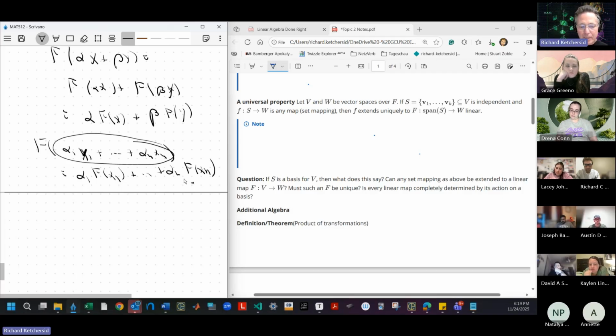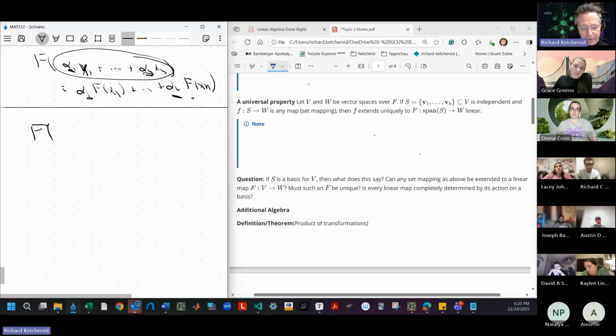But it's the same linear combination because the coefficients are the same. So one way to think of linear functions is they move a linear combination to the same linear combination of f of the things. So a function is linear if it takes a linear combination of vi's and moves it to the same linear combination of f of vi's, right?